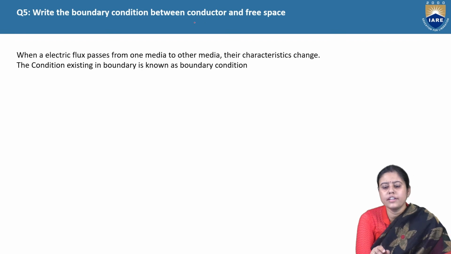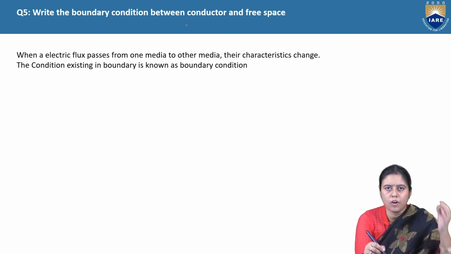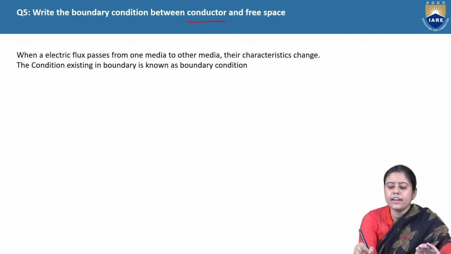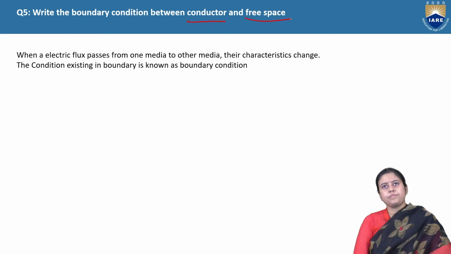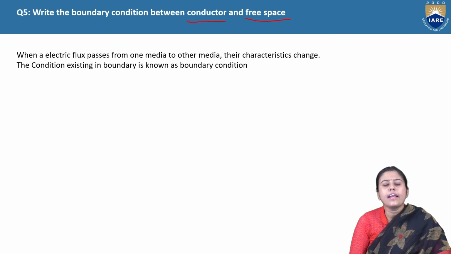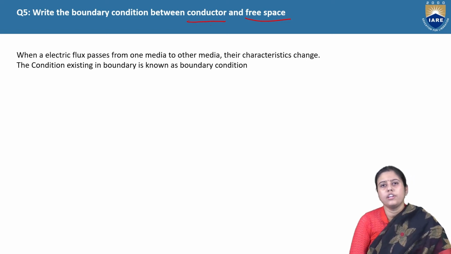Similarly, copper or aluminium of overhead lines are good conductors, so we have conductor and free space. When an electric flux passes from one media to another, their characteristics change, and the condition existing at the boundary is known as the boundary condition.